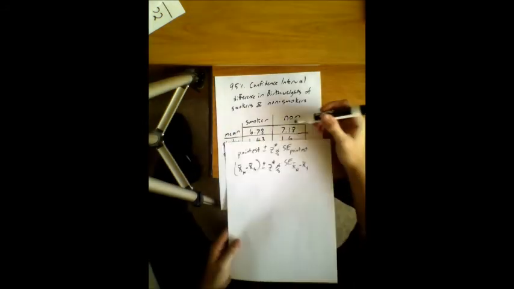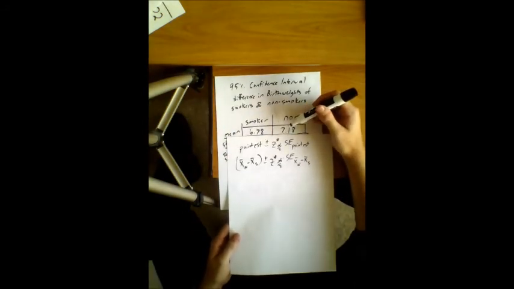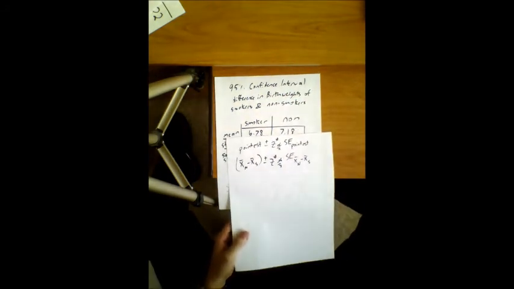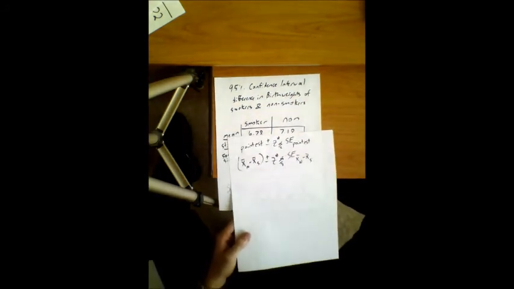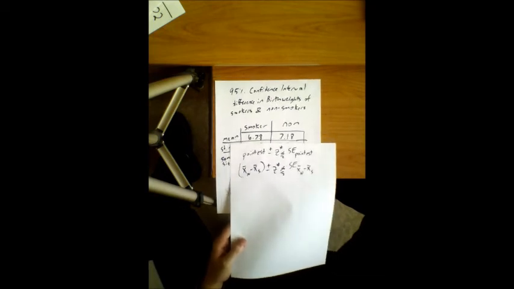Okay, so filling this stuff in, non-smoker minus smoker baby, we do get, yeah, I guess that's 0.4.